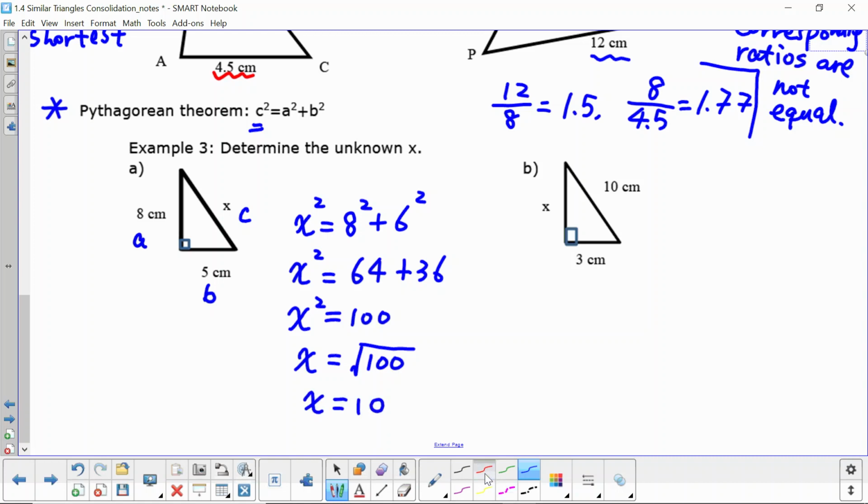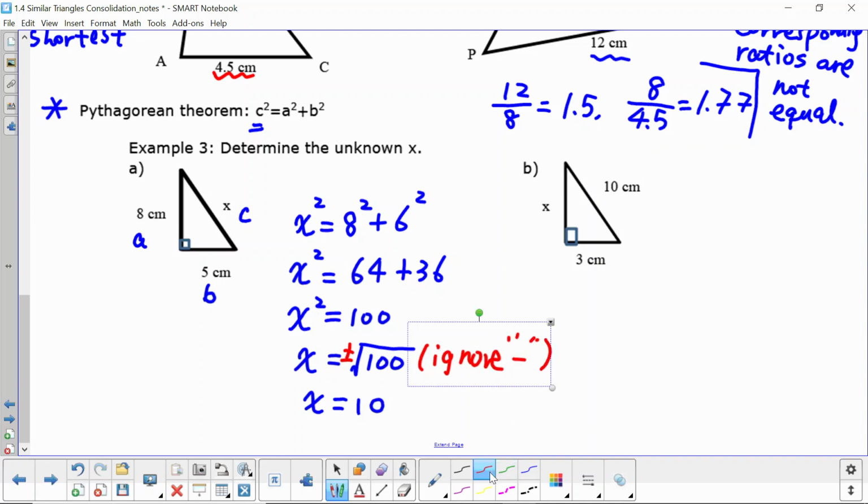Actually, whenever you square root a number, you should have a positive and negative sign at the front. But for a measurement, we don't have negative 10 centimeters. For this measurable length, we don't have negative, so that's the reason we ignore the negative. Then you will have a positive answer only for the length.